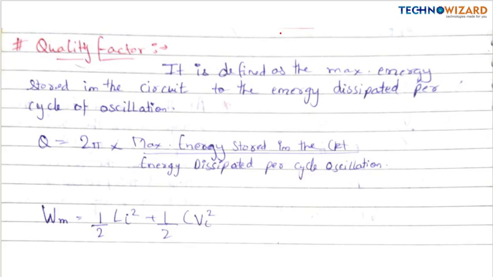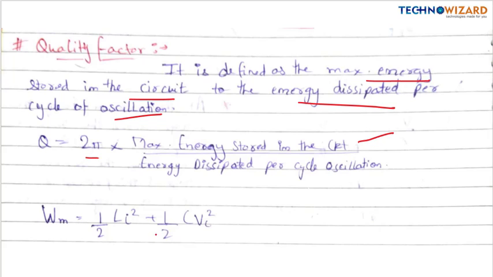Now what do you mean by quality factor? Quality factor is defined as the maximum energy stored in the circuit to the energy dissipated per cycle of oscillation, or by formula, Q is equal to 2 pi times maximum energy stored in the circuit divided by the energy dissipated per cycle of oscillation.